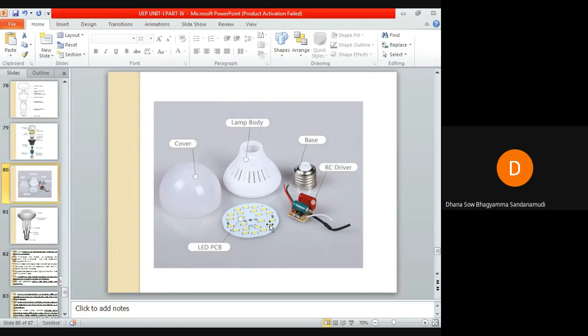So when supply is given to this semiconductor, it activates the flow of electrons from the N junction to the P junction. The electrons will jump from the N junction to the P junction through the forbidden gap.